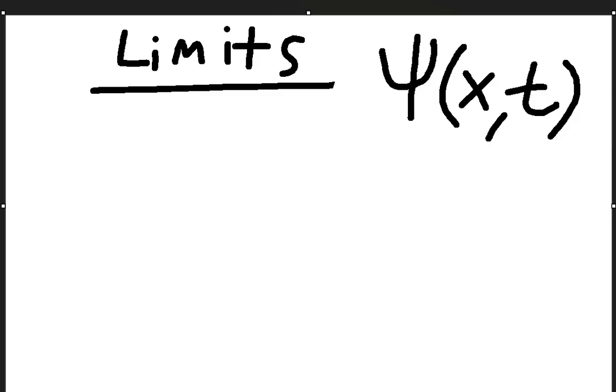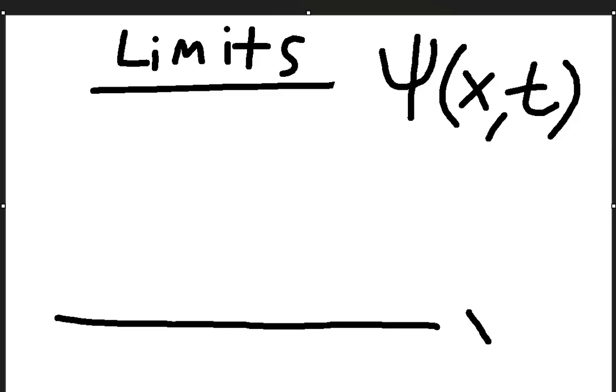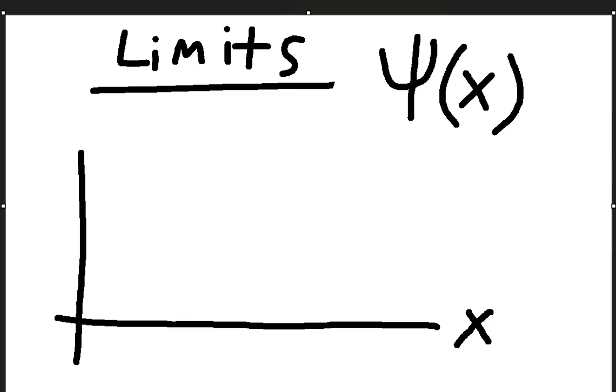So let's say that we have, I don't know, we'll say that this is the x-axis. For now, we're going to ignore time, pretend like time doesn't exist for the moment. We're only going to worry about one dimension of x. And we're just going to make this vertical axis equal to psi, which is the amplitude of our wave function. Remember that this is loosely equal to probability.